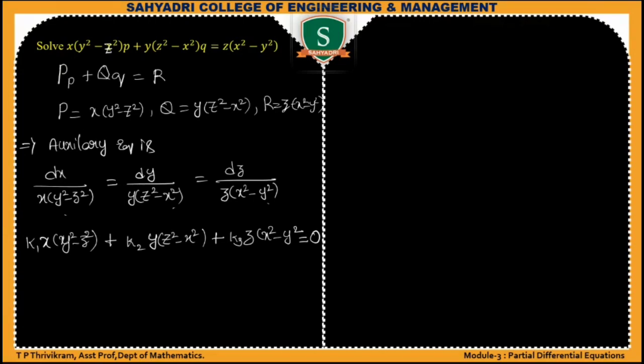Can anyone tell which term or which variable, if you multiply, will become 0?